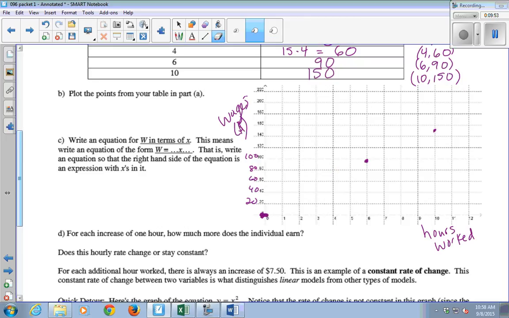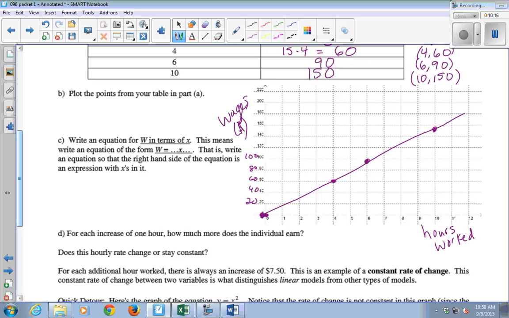That's why I put it on 80. 4, 60. Yeah, now they look like they're in a line. So if I connect them with a line, there we go.